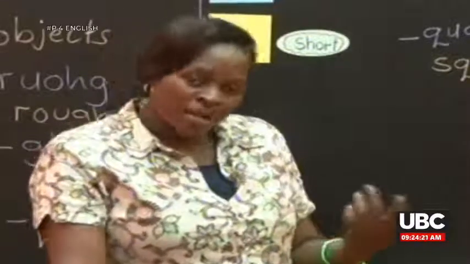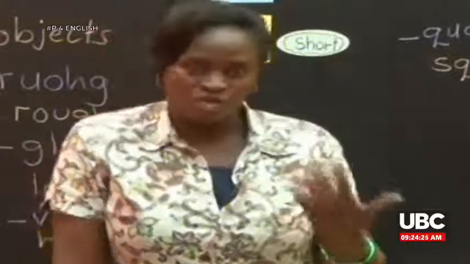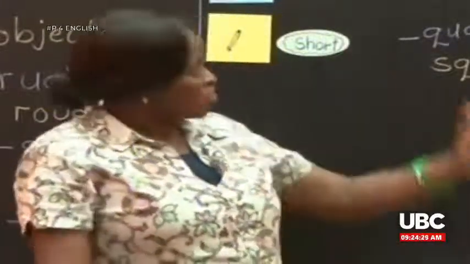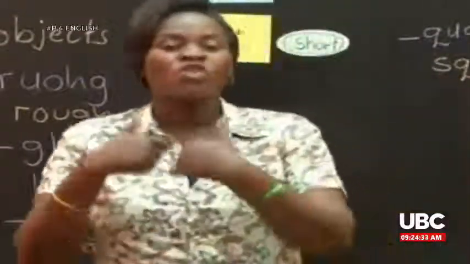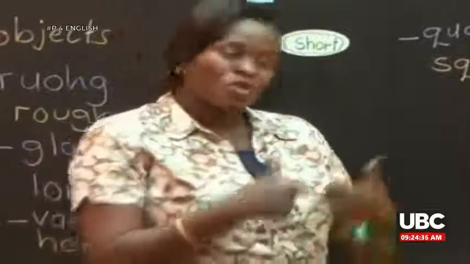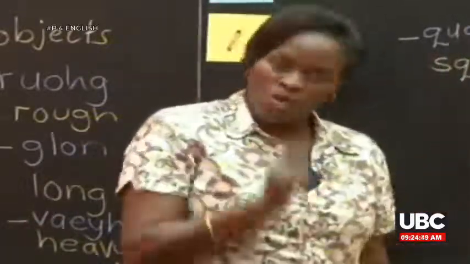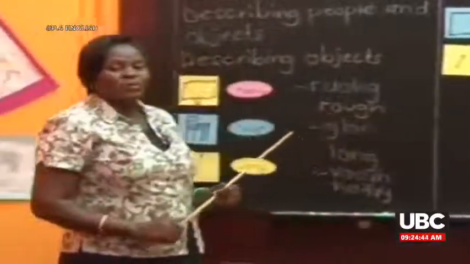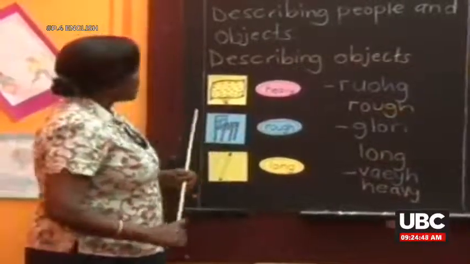For example, your mother decided to send you somewhere and she tries to describe something. Can't you bring that one out? You'll be able to describe the object so that the person will understand. If you want to be directed or you are directing somebody, you use the describing words for objects.